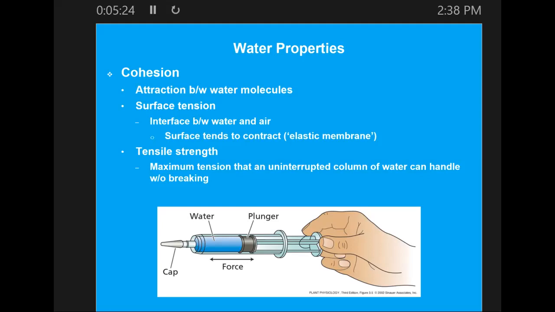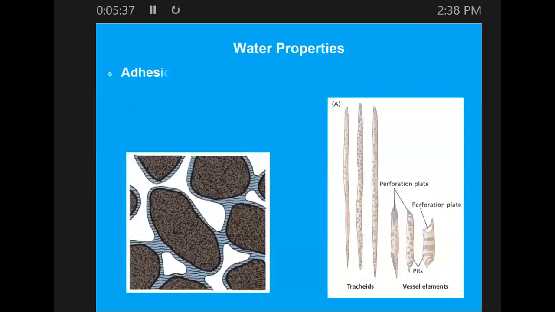All right, so there's going to be some terminology here. I think most of you have had some of this terminology at some point in your coursework, whether in high school or freshman, sophomore level here. Another term or force to think about is adhesion. When we think about how water behaves in the soil system, adhesion is the attraction of water to the solid phase around it, such as soil particles.